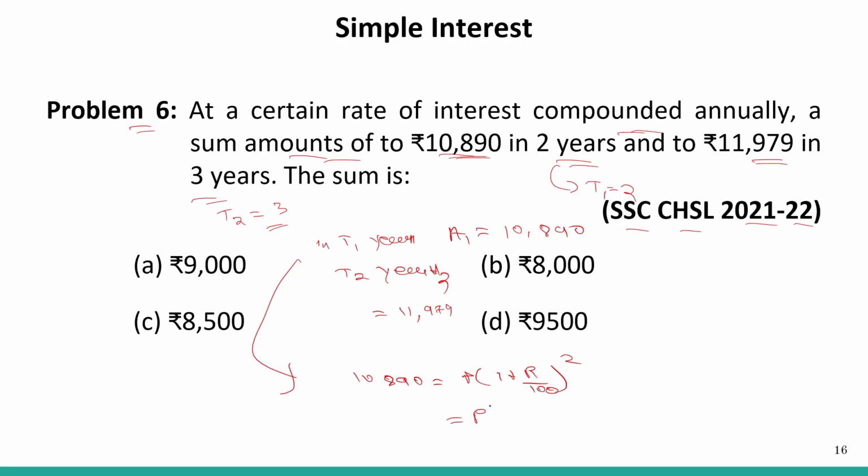P is not given to us, and the rate is also not given to us. Let this be equation 1.